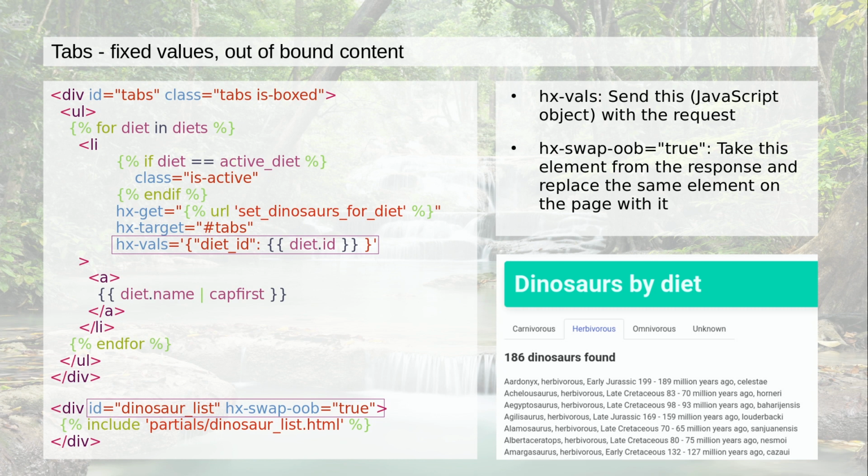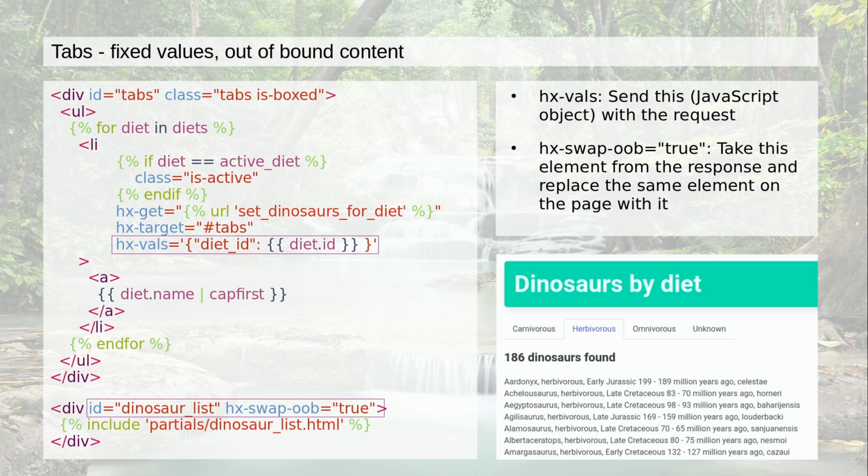But we don't have some sort of input element with a value here. So instead of that, we can use AJAX vals, and we just specify what the value or values are. So with AJAX vals, we put in a fixed value. Now, in this case, I actually fill in the value when this HTML page is being generated.